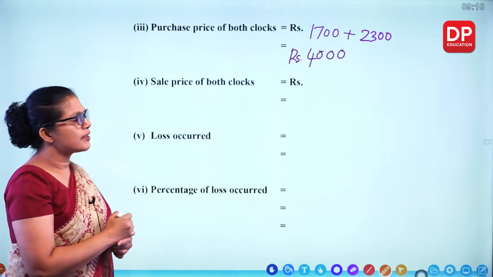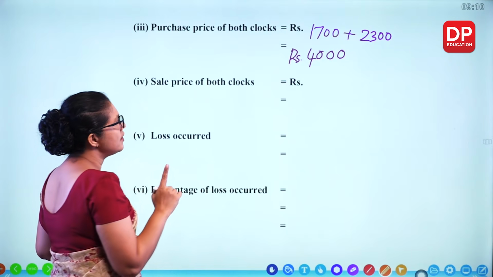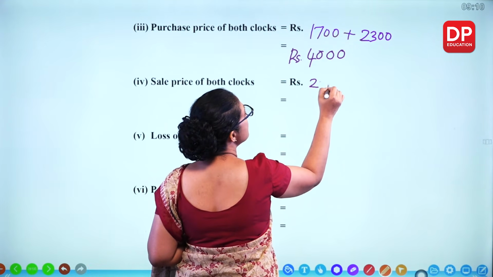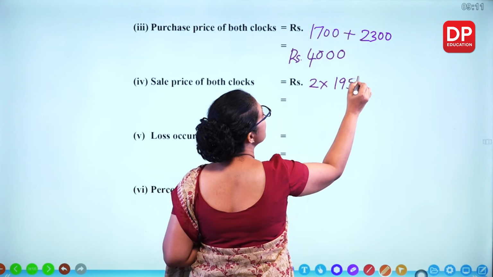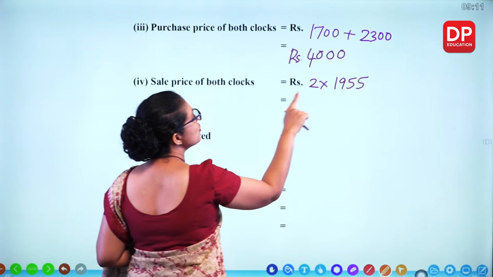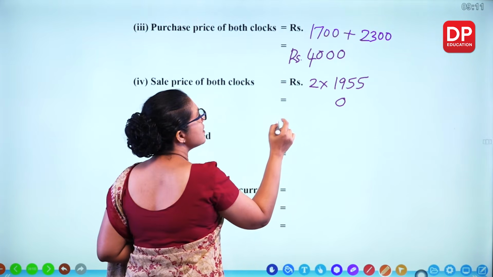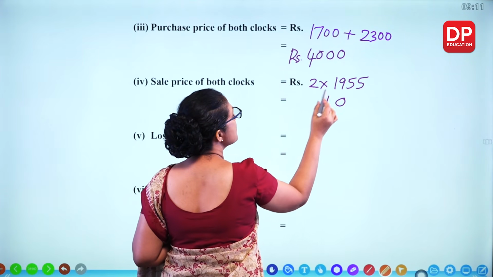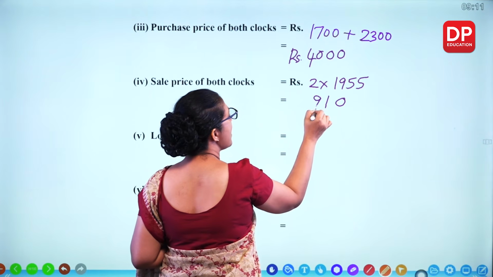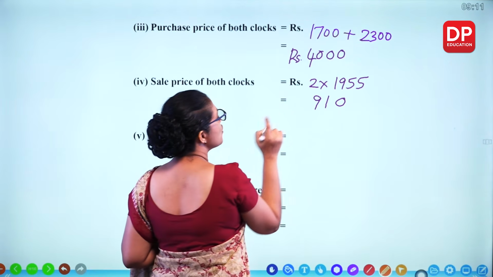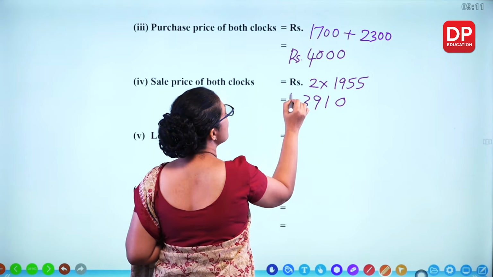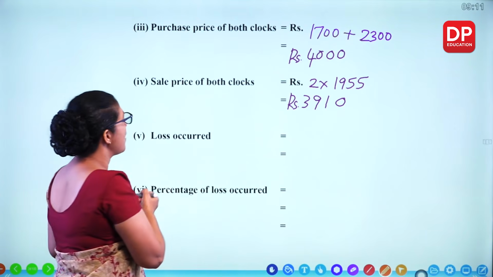Sale price of both clocks, each one 1955. Multiply by 2. 2 times 5, 10, 2 times 9, 18, plus 1, 19, 2 times 1, 2, plus 1, 3. So that's the selling price, 3910.